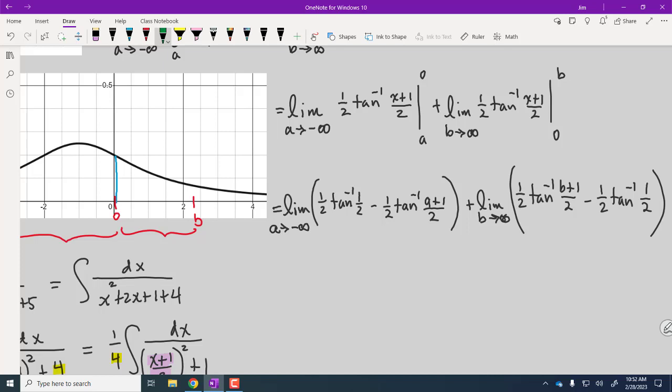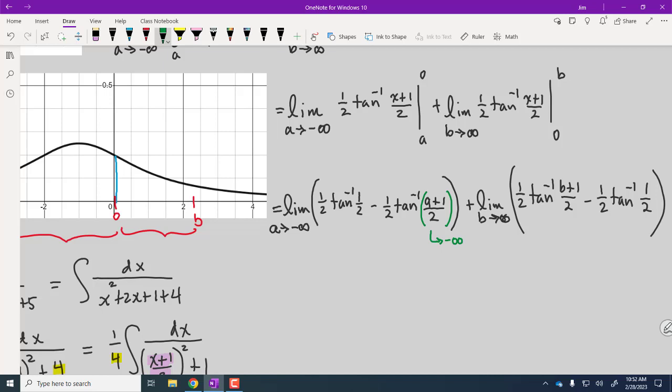If you add 1 and divide by 2, this inside bit is still going to negative infinity. And so the question is, what does inverse tangent approach as the inside approaches negative infinity?